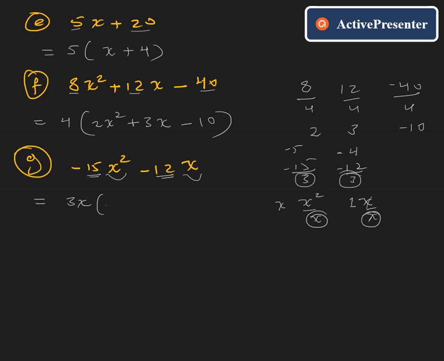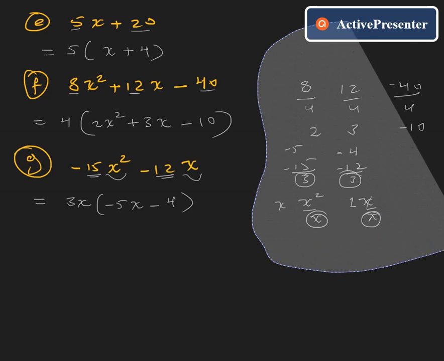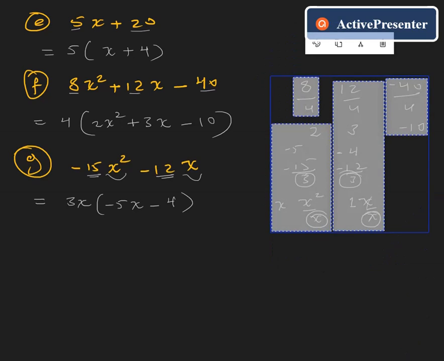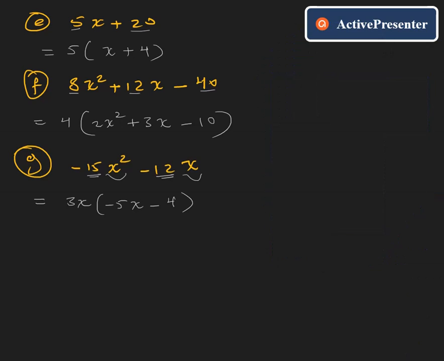Then we will be left with minus 5x minus 4 alone. In next examples I will never write such a thing, because this you should write in your mind. And if you take the negative outside, it should be minus 3x multiplied in 5x plus 4, okay.